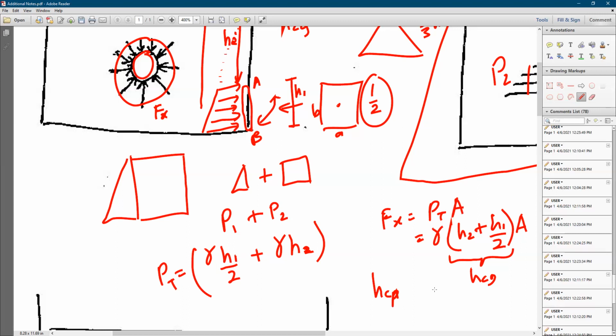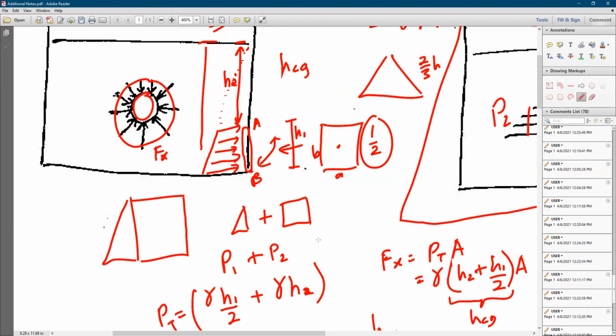In any condition, because of the physics of it, the center of pressure is always, remember this, always below the center of gravity. I'm running out of space now, so I draw it on this side.